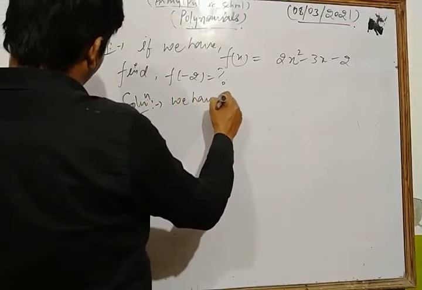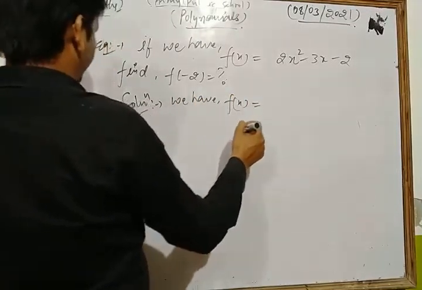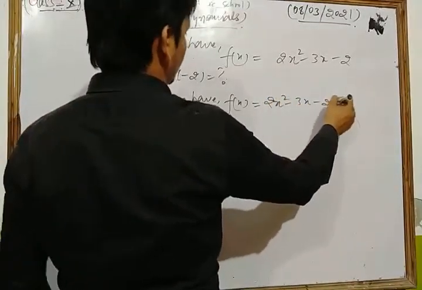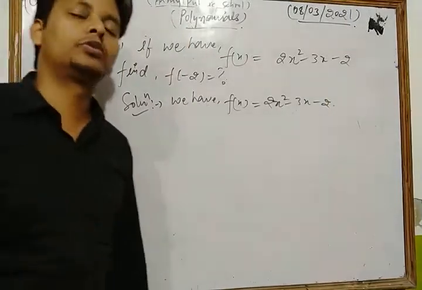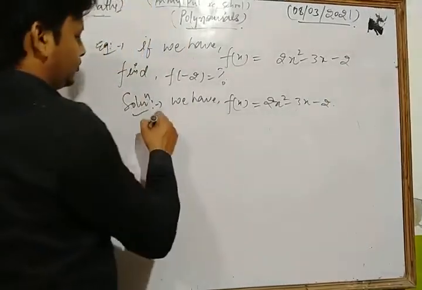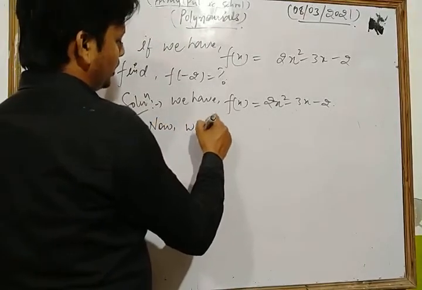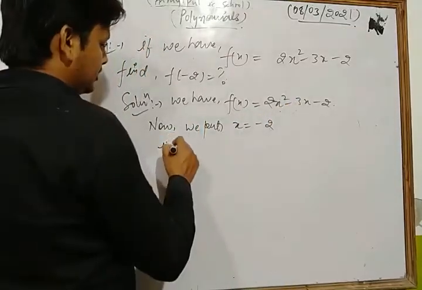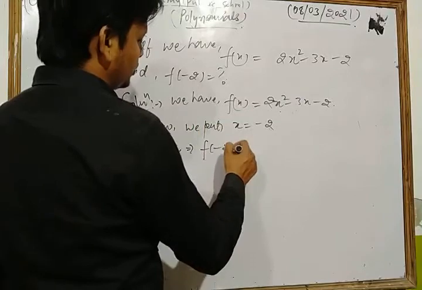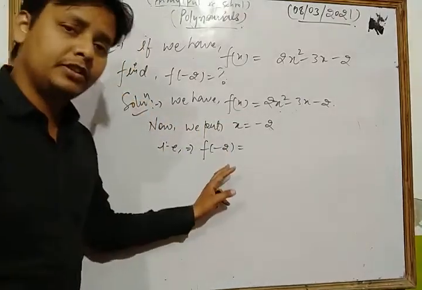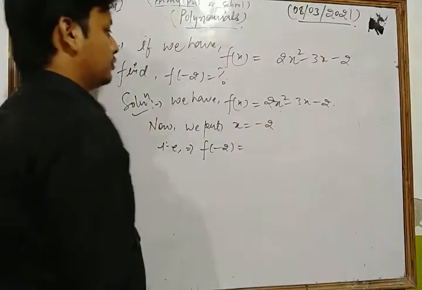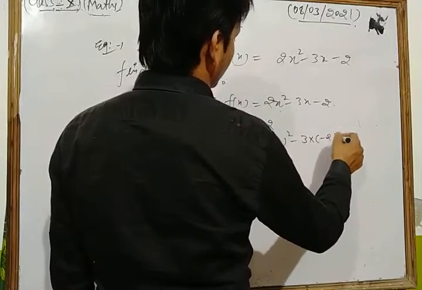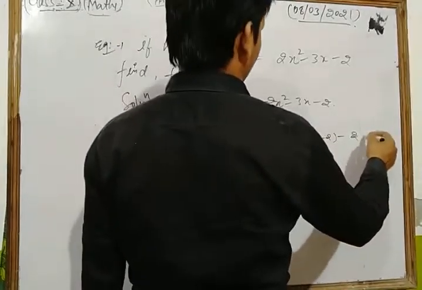We have f of x is equal to 2x square minus 3x minus 2. Now we put x is equal to minus 2 in the given polynomial, that is, f of minus 2 is equal to 2 into minus 2 whole square minus 3 into minus 2 minus 2.